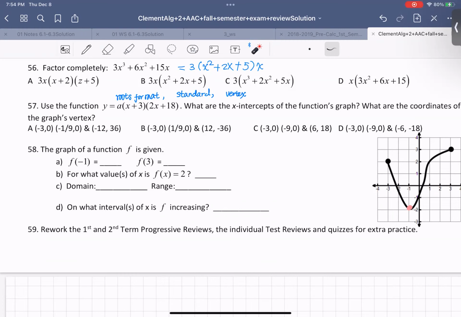Ethan, please do your work to show me that format and that format. Very good job, Haley.